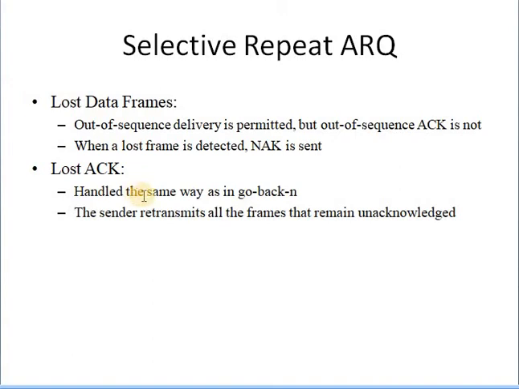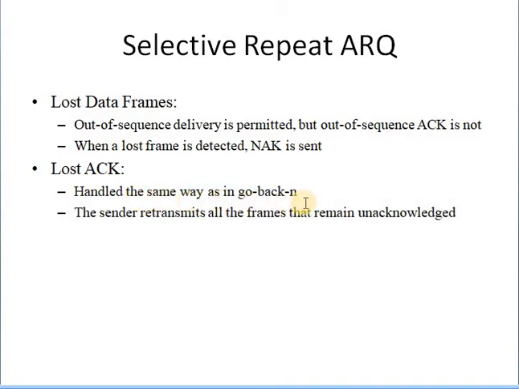A lost acknowledgement is handled the same way as in Go Back N, meaning the sender retransmits all the frames that remain unacknowledged. So for lost data frames, out-of-sequence delivery is permitted, but for the acknowledgement, it is not permitted. It is handled the same way as Go Back N.